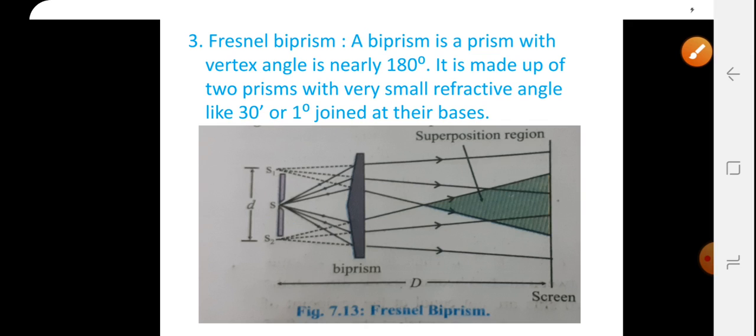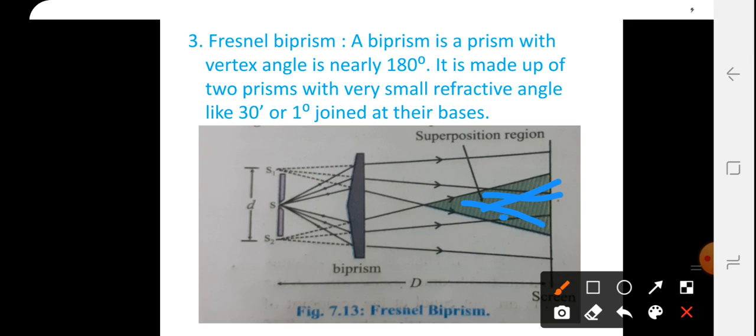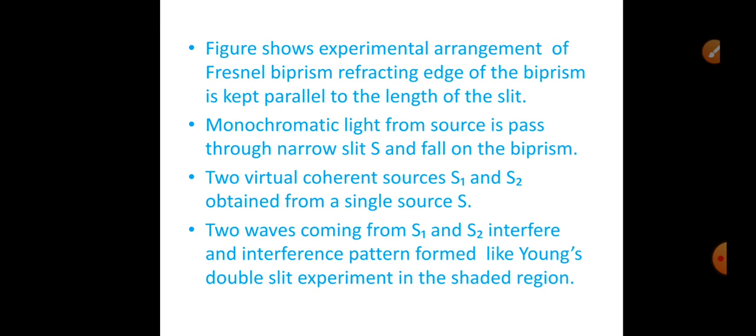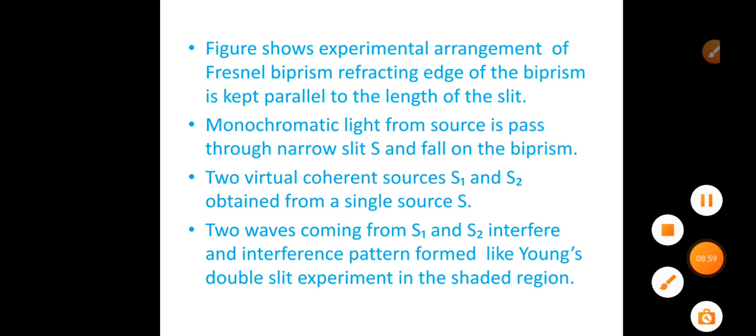In this shaded region, interference fringes can be seen, that is, alternate bright and dark bands. Therefore, among the methods for obtaining coherent sources, we have Fresnel's biprism, in which two coherent sources are obtained from monochromatic light passing through a narrow slit, as shown in the figure. These are the methods for obtaining coherent sources. Okay, understood?